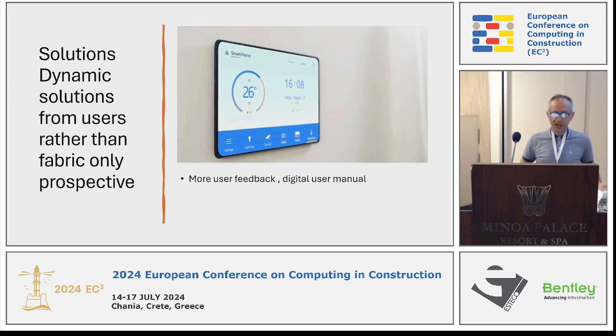It'll just rely on internal heat gains. So internal heat gains could be important. Do we need dynamic solutions from users rather than fabric-based? We tend to always be obsessed with controlling all the heat losses and designing the windows so they're smaller on the north side rather than the south side. But is there an element of digitalization behind it?